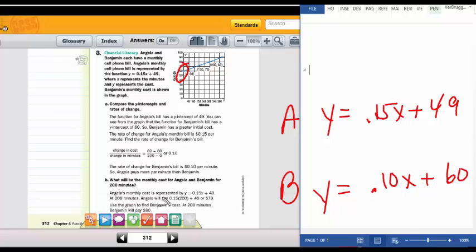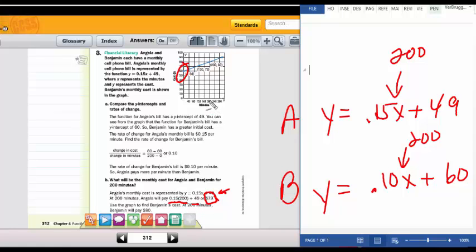So Angela's monthly cost is represented here, and at 200 minutes Angela will pay 0.15 times 200 plus the 49, and check it in the calculator. That's going to be 79. So basically all we're going to do is take our 200 minutes and place it here in this equation and here in this equation. Use the graph to find Benjamin's cost at 200 minutes.